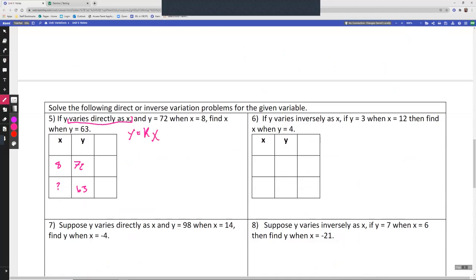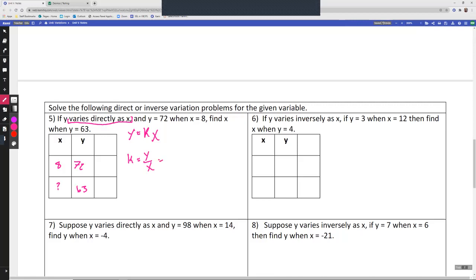So now that we have our original equation, y is equal to kx, we need to solve for k, and k is equal to y over x. And now that we have that, we can use the numbers that it's given us to solve for k. So we have a y and an x. We've got the 72 for y and this 8.